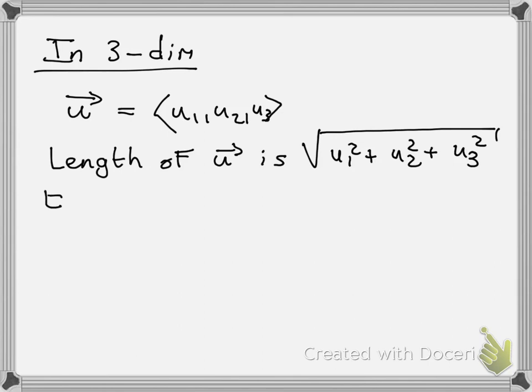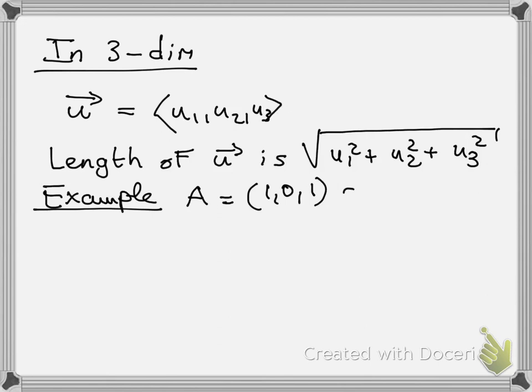So for example, let's say we have 2 points. The point A is the point 1, 0, 1, and B is the point -1, 2, -1.